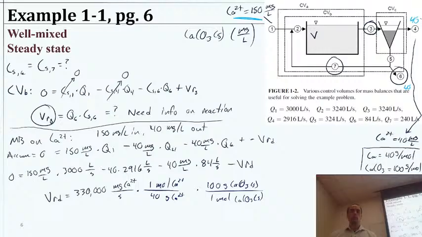So essentially we'll cancel the moles and we'll be left with milligrams of CaCO3 instead of the milligrams of Ca2+. So just doing the molar conversion there. And this should give us a value of 825,000 milligrams of CaCO3 solids per second.